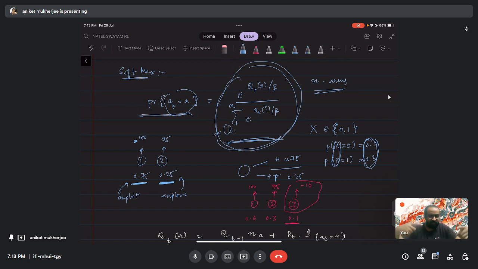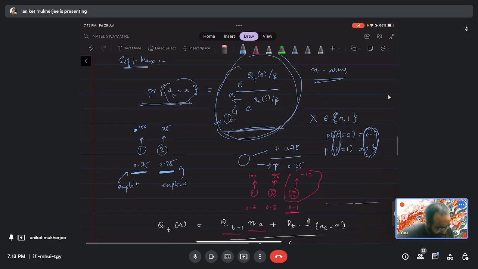And how do you do that computationally? Someone has asked: if I have something between 0 and 1, I uniformly generate a random variable. If the number falls in the first interval, I pick arm 2; if it falls in the next interval, I pick arm 3; if it is between 0.4 and 1, I pick arm 1.